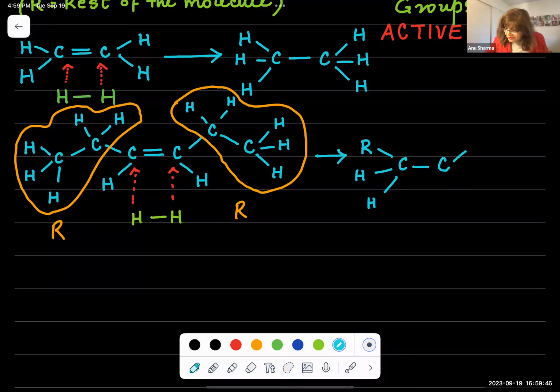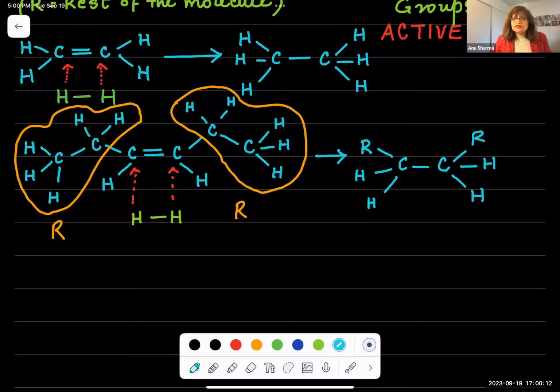And you see, carbon still retains its tetravalent nature. It's still 4. Whether it makes a double bond and two single bonds, or it makes 4 single bonds, or it makes 1 triple bond and 1 single bond, it still all adds up to 4. So carbon is making 4 bonds in both cases.